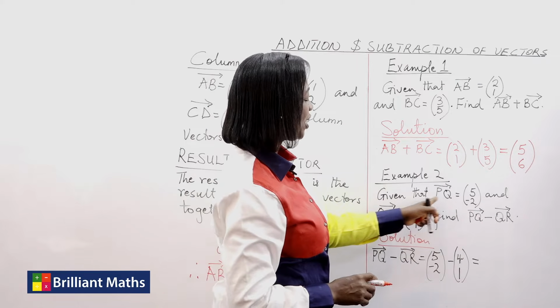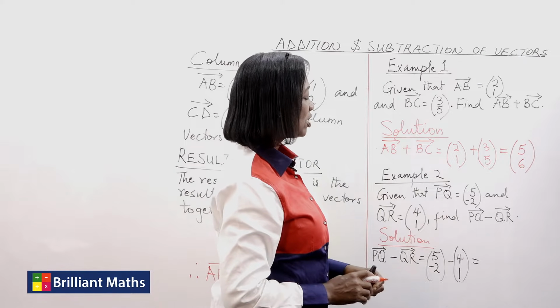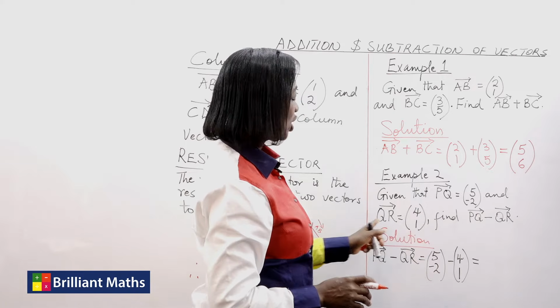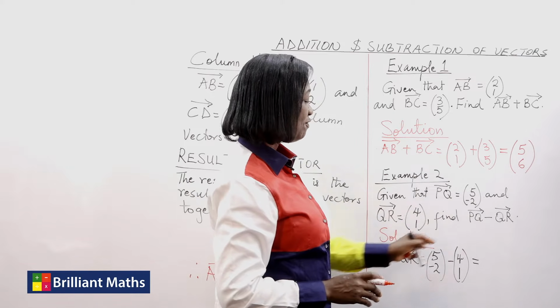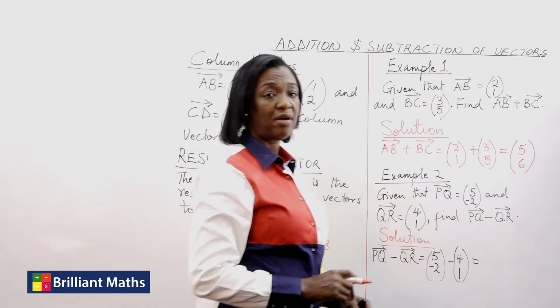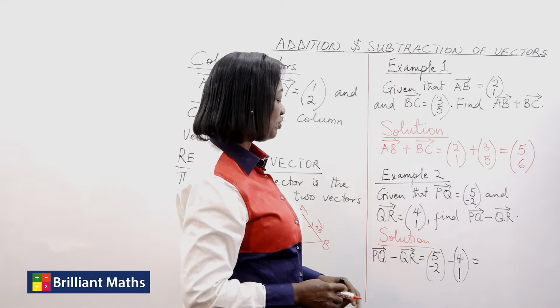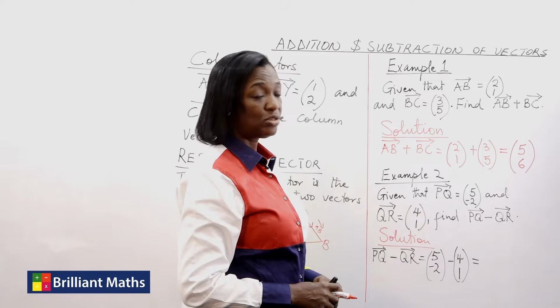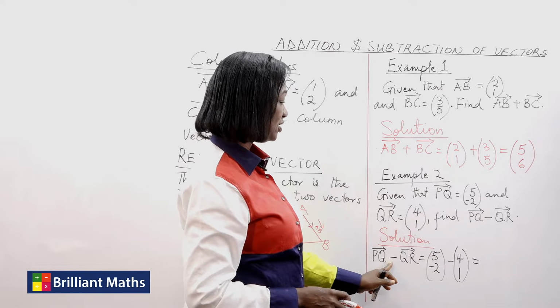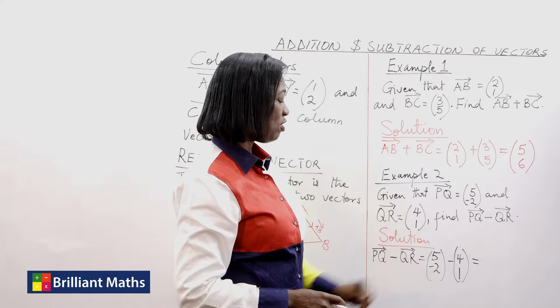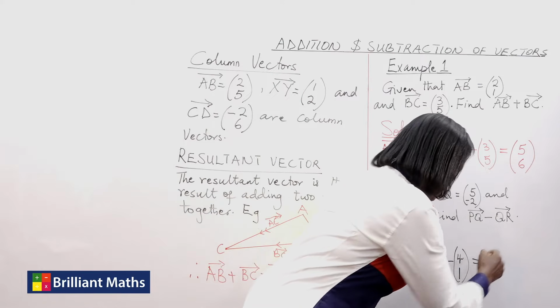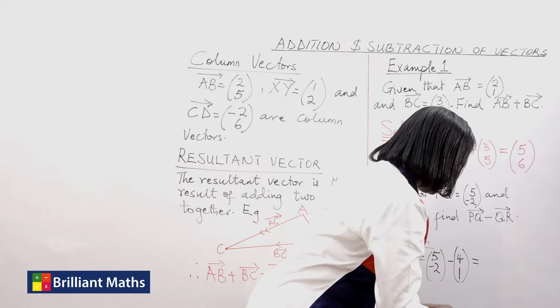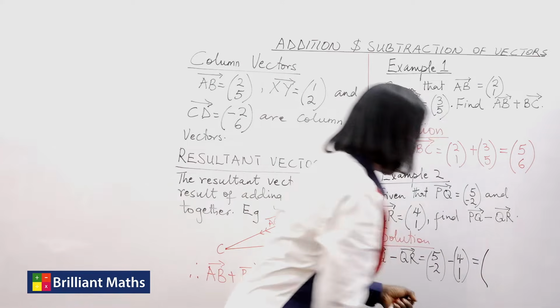Example 2. Given that PQ is (5, -2), and QR is (4, 1), find PQ minus QR. Follows the same principles. PQ is (5, -2), minus QR is (4, 1). So let's write that out. I'd like to work it out.